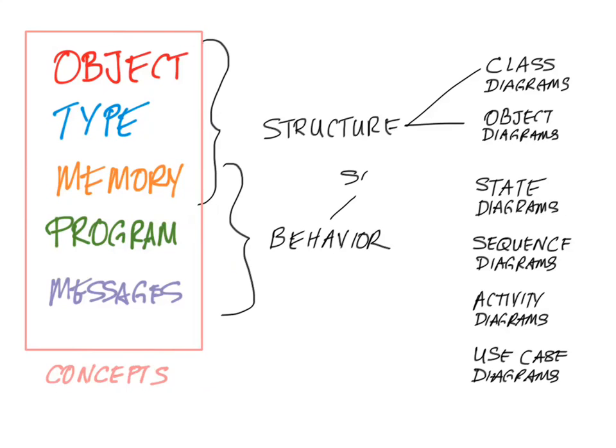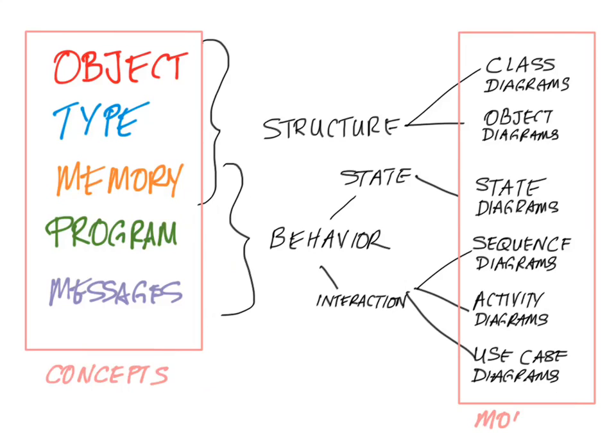These are the kinds of diagrams that are going to allow us to specify behavior, but we actually decompose behavior into 2 kinds of models: state models and interaction models. So state models are generally composed of state diagrams, and interaction models come from sequence diagrams, activity diagrams, and use case diagrams. So interaction models generally talk about how these objects will be interacting with one another, and also how some external actors, such as someone pushing a button, will cause events to happen.